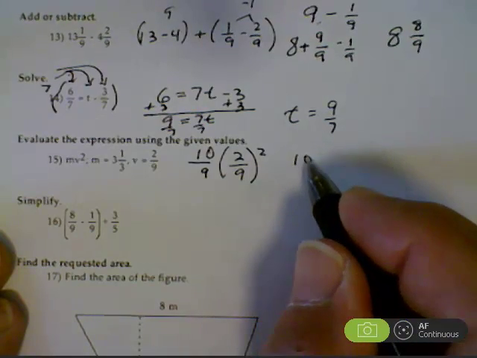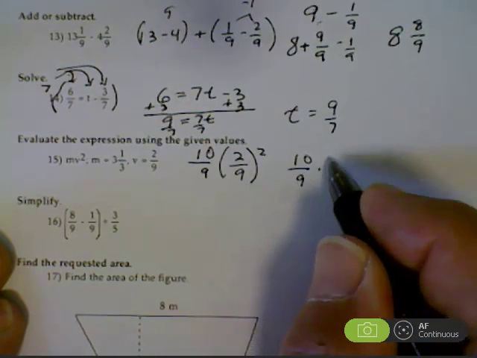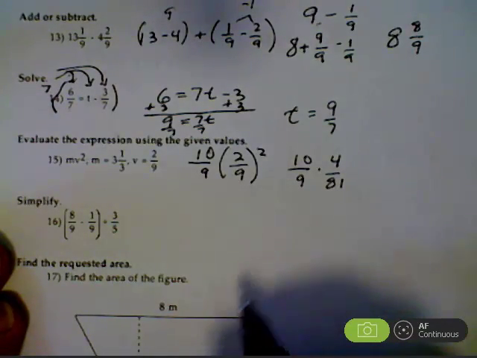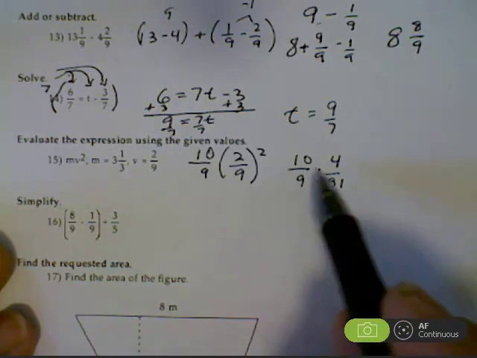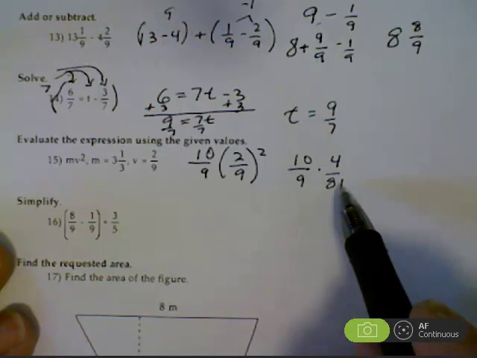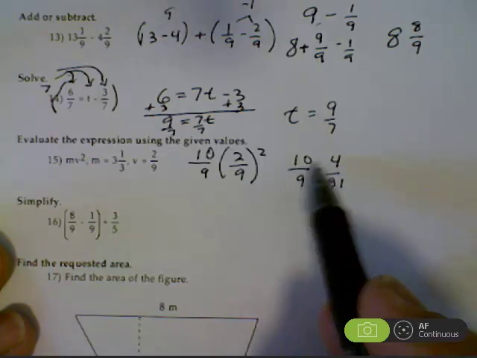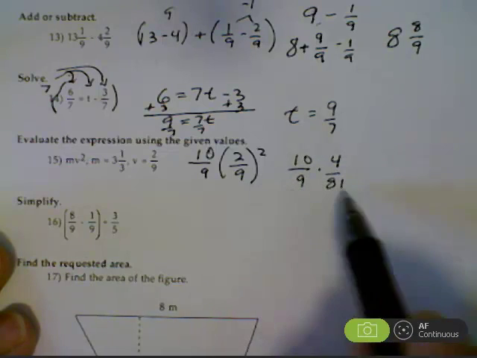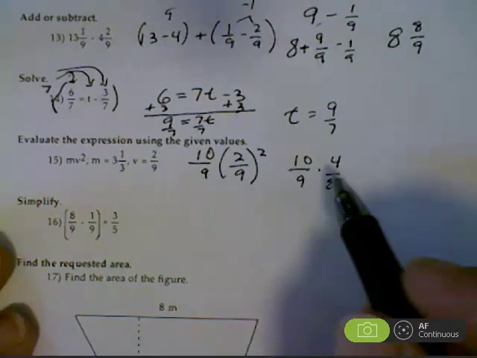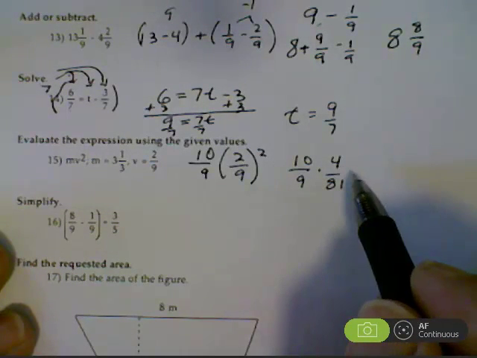So we have 10/9 times 4/81. We look, 10 has a 5 in it, but there's no 5 on the bottom, and has 2's in it, there's neither of those either. So there's nothing we can do in the way of simplifying.